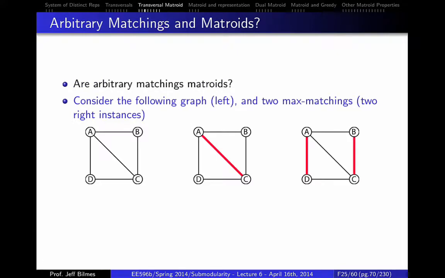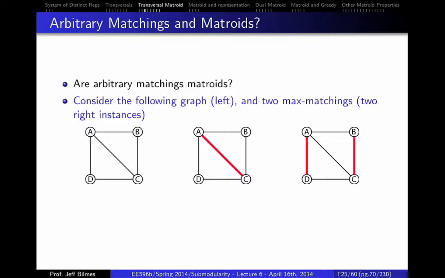So if we took, for example, this particular graph, on the left we have a graph. It's not necessarily a bipartite graph. We have two matchings, the one in the middle, which is red, and the one on the right, which is two edges. Why is the middle one a maximal matching?